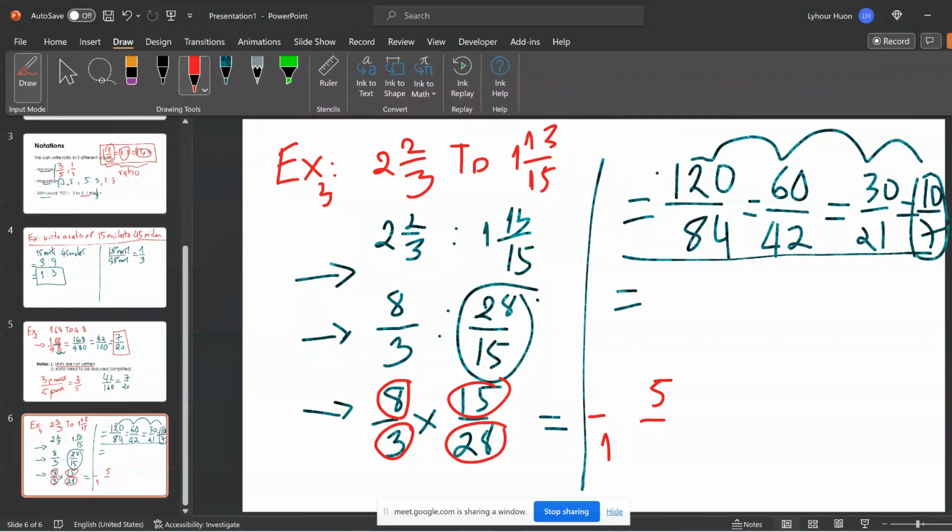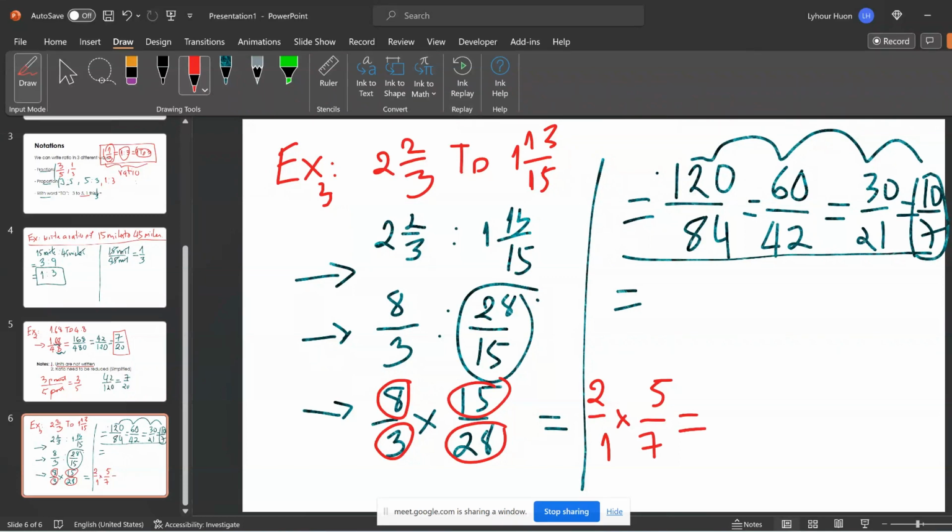Can we simplify 8 and 28? Divide by 2, we get 4 and 14. Can 4 and 14 be simplified? 4 is an even number, 14 is also an even number, so it's 2 and 7.